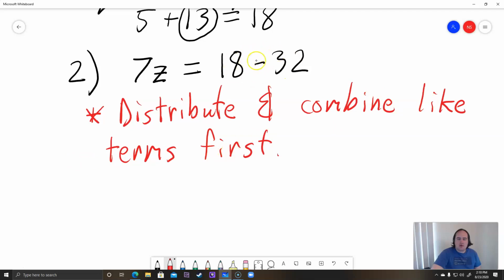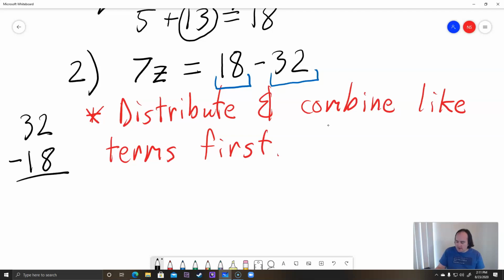So what are the like terms here? We actually have 18 minus 32. So on the right side we can combine 18 and negative 32. All right, and again, if you can't do that in your head, you can write it vertically. So 32 minus 18, but we want to keep the sign of the larger absolute value.